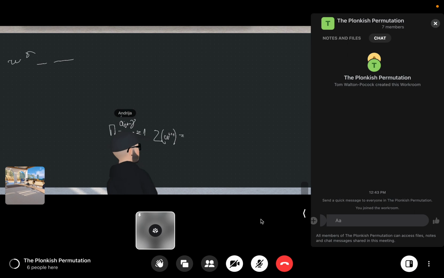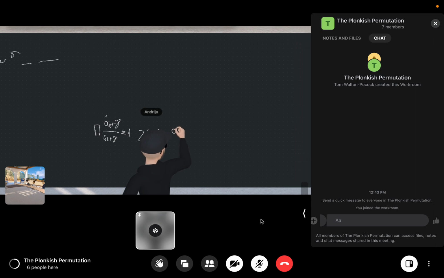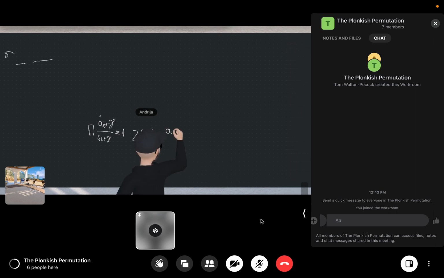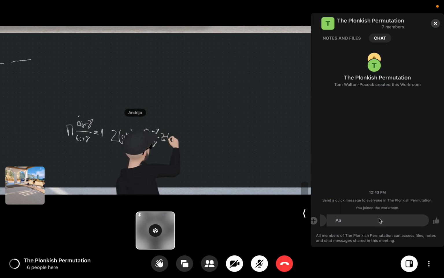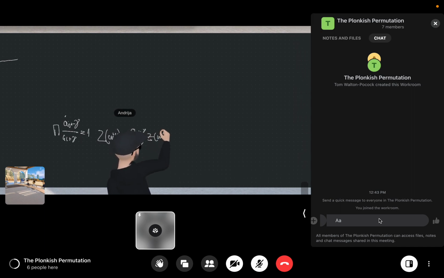Okay? Next, we define this recursive relation where we say that this thing should be (a_i + gamma) over (b_i + gamma) times Z in omega i.